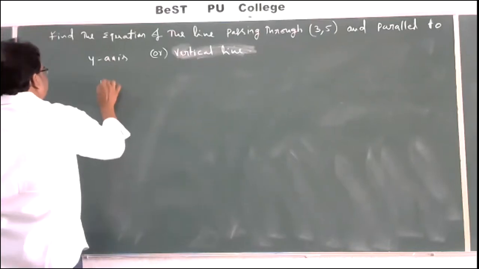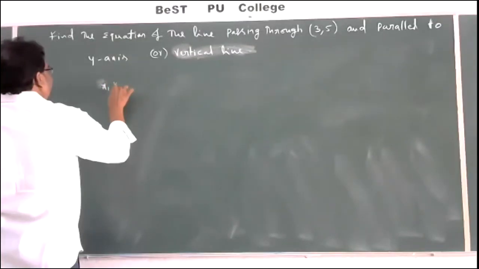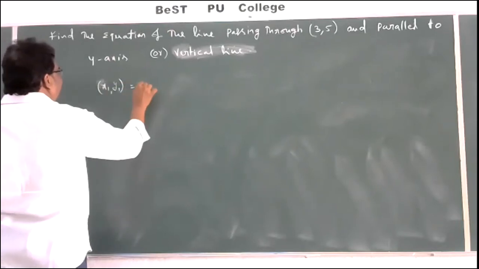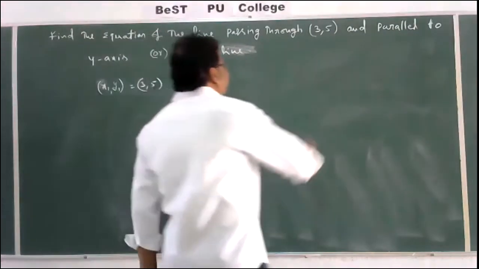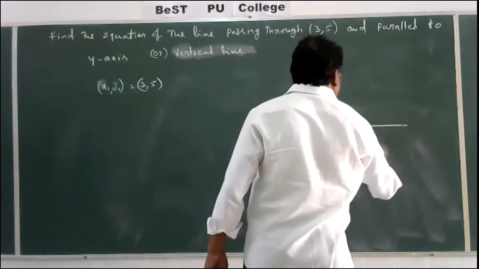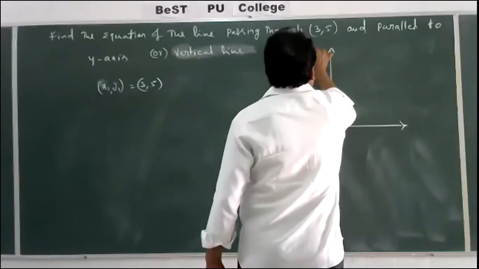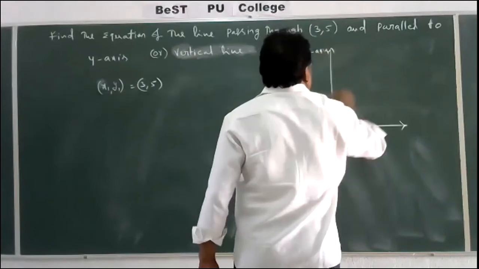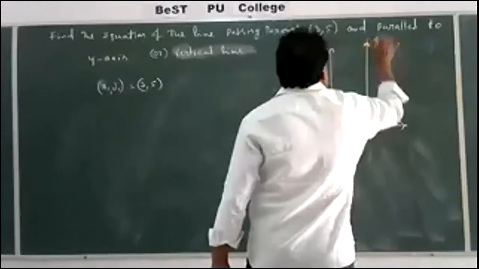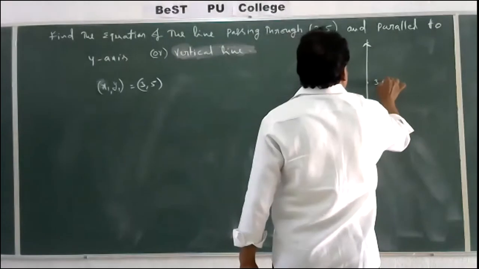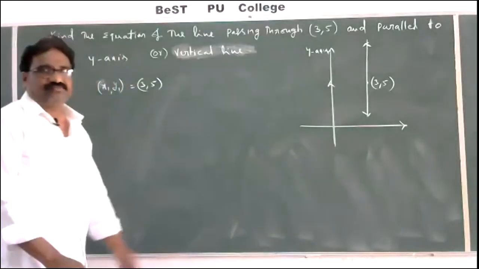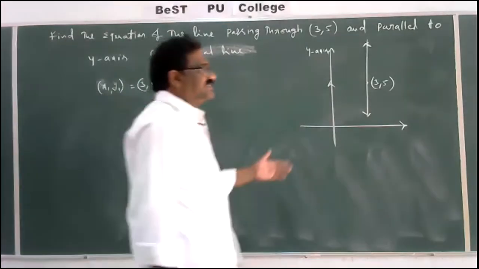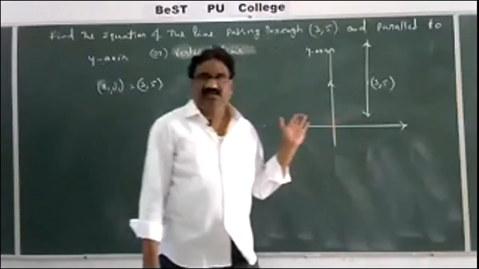Here the point is given, x1, y1 is (3, 5). In the same way, this is the coordinate axis, this is the y-axis. The required line is like this, passing through (3, 5) and parallel to the y-axis. So what is the y-axis slope? Infinity.